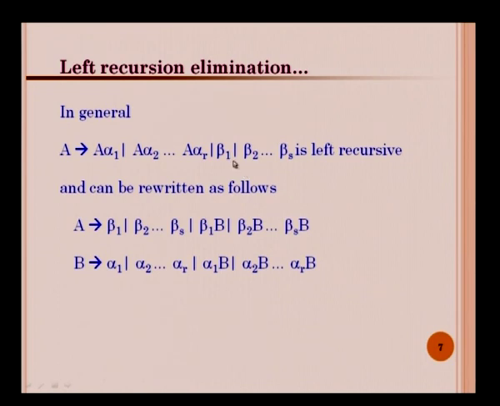Now we should rewrite this production so that the new grammar is not going to have any left recursive rule. First you write the A production with all the non-left recursive components. There are s number of non-left recursive components, which are beta 1, beta 2, etc. up to beta s. So put them in the order, beta 1 or beta 2 or beta 3, or finally up to beta s.